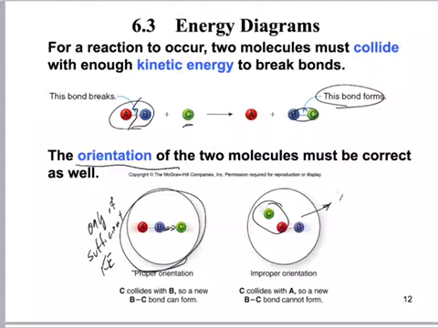This, no matter how much KE, kinetic energy, no reaction, because they don't have the right orientation in space. This is why we talk about three-dimensionality of molecules and our VSEPR structures, because we need to be able to figure out what shape these molecules are in order to understand when they collide, how do reactions occur.